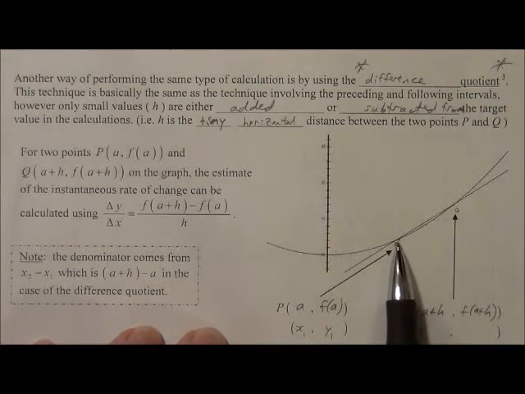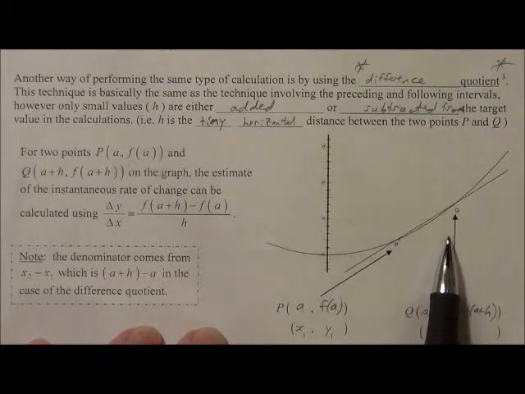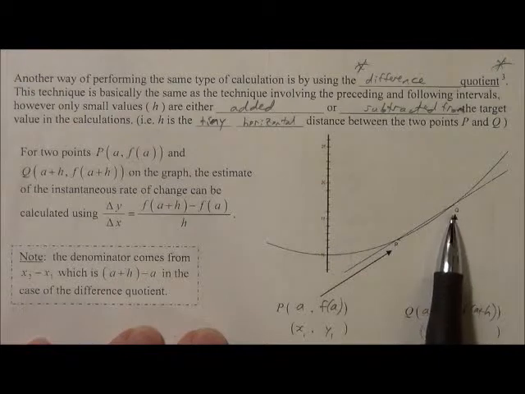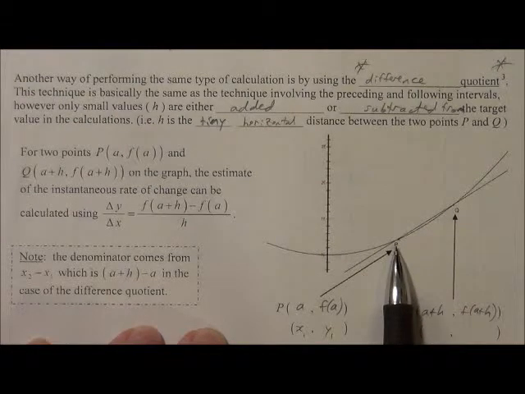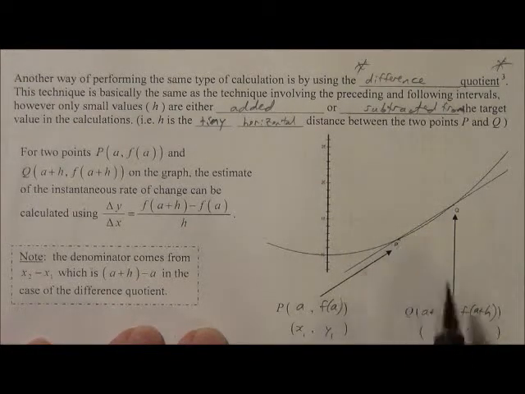Okay, so in this case, just for the demonstration, the diagram purposes, the point Q is going to be to the right of P. So in this case, we'll be adding a tiny value of h here. And of course, this is then x2 and y2.